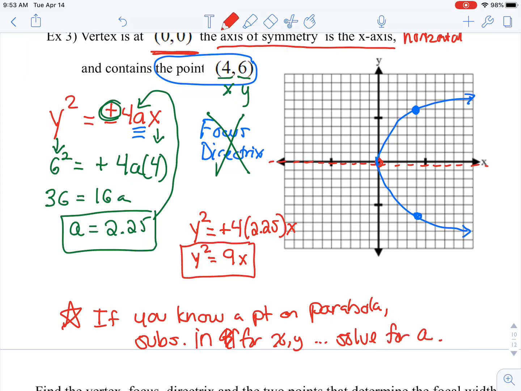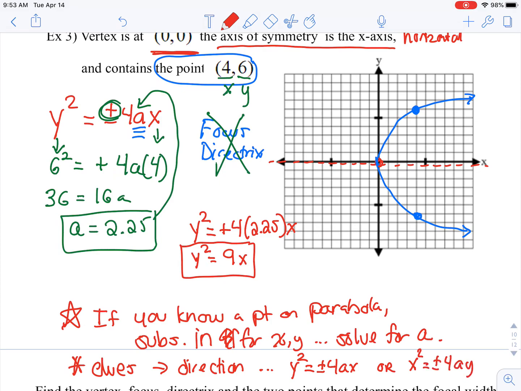You are, however, still going to have to use clues to tell you the direction of the graph so that you know which equation to pick, because that direction is going to help you determine whether you should be doing y squared equals 4ax, or x squared equals 4ay.